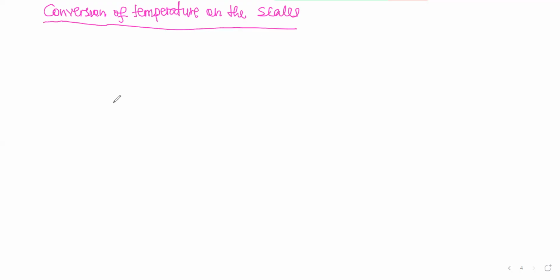So how do we convert? With regards to conversion, I have my Celsius scale, ice 0 degrees Celsius, steam 100. Then between Celsius and Fahrenheit, and the Kelvin scale first.